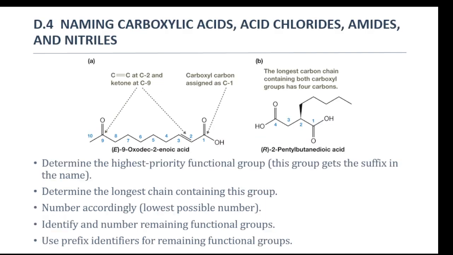All right, so let's talk about naming carboxylic acids. Now, carboxylic acids are actually easier thought of as the carboxylic acids and their derivatives. So the carboxylic acids, and then you have the acid chlorides, the amides, and the nitriles. These different functional groups are all carboxylic acid derivatives.